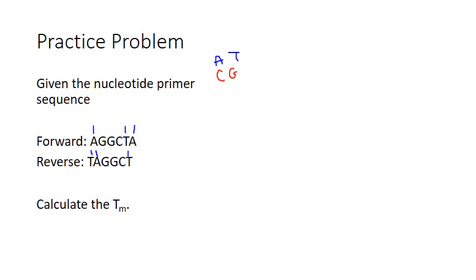I have 6 altogether. So remember the formula. Well, I have 12 nucleotides altogether, so that's the first thing. Remember, if it's anything less than 14, I can use this. If it's 14 or greater, I have to use the other formula. But we're going to use this one here.